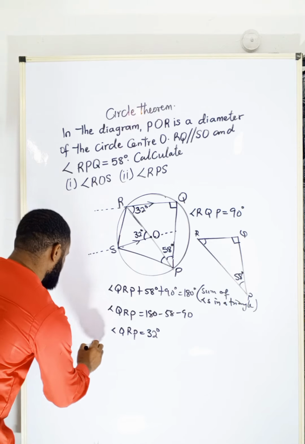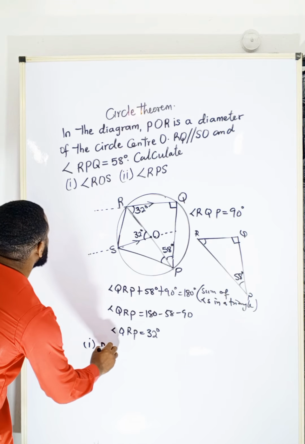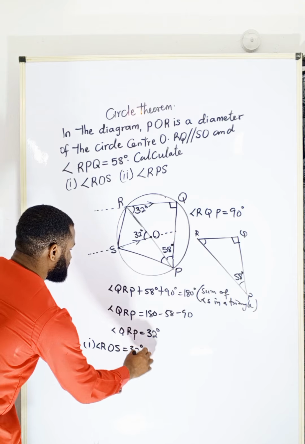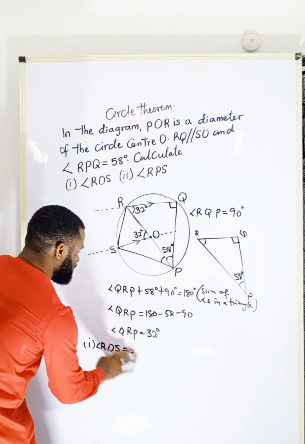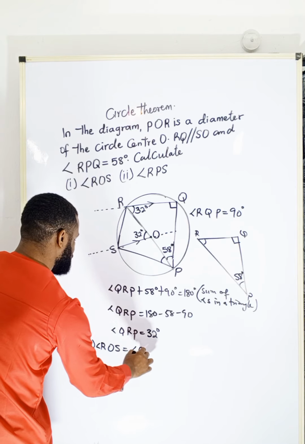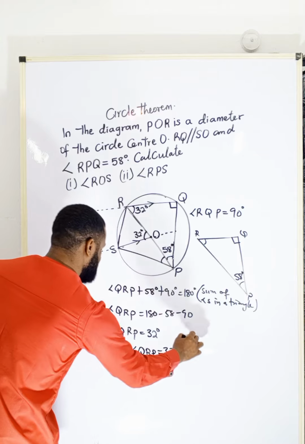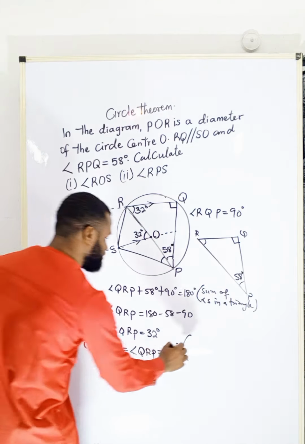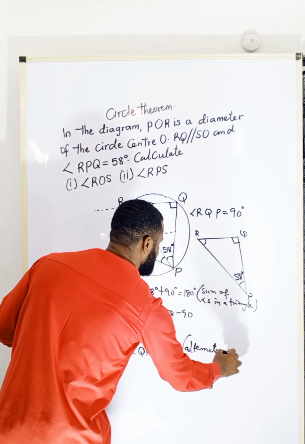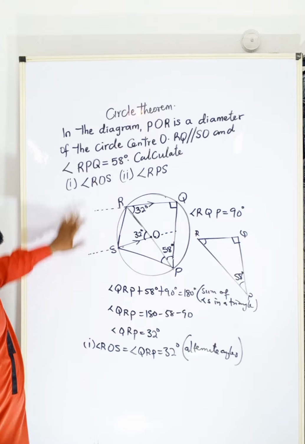For the first question, ROS is equal to angle QRP, and that is 32 degrees. You have to write the reason, and that is alternate angles. Okay, so I am done with the first one.